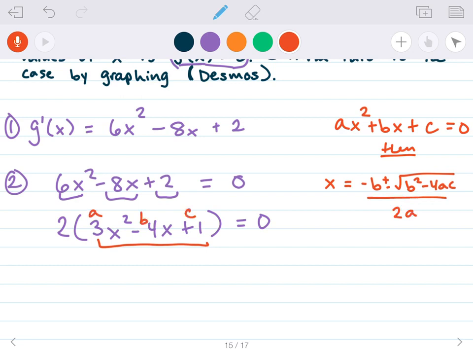All right, so let's do it. Plugging in a, b, and c, we have 4 plus or minus the square root of 16 minus 4 times 3 times 1, all over 2 times 3.